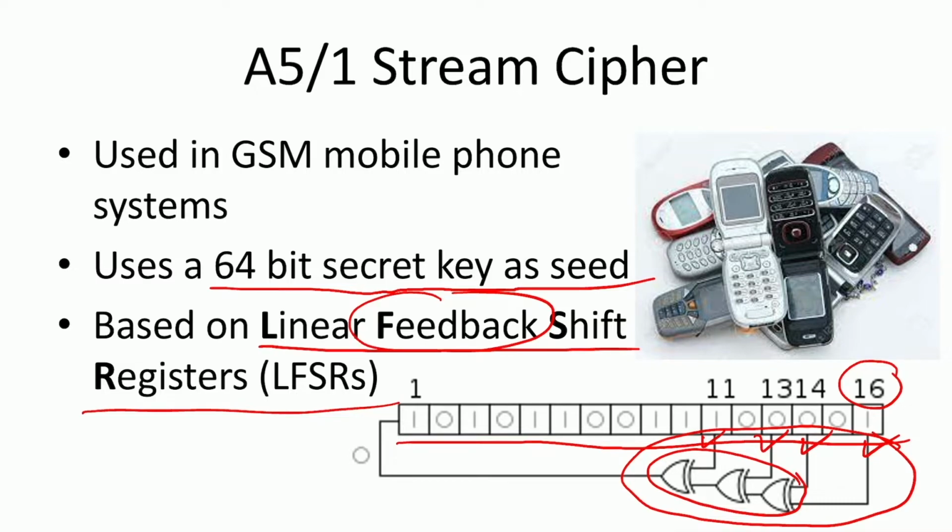And the result of that is what we are going to feed back to this register, right? And before we actually feed it back, we are going to right shift the current input by 1, which means that we're going to lose this last value. And then at the first location, we're going to put the output of the feedback function, right? And then we just keep repeating that in each cycle.